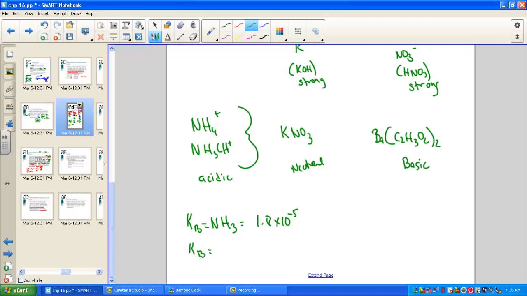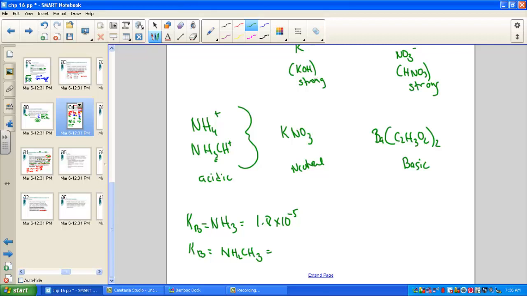What's the Kb for the other ion, methylammonium? You're going to find that listed as methylamine, the parent base, CH3NH2. We just have it written in the opposite order, NH2CH3. This, by the way, has an extra proton, like NH4+. The hydrogen on the nitrogen is the proton that ionizes, so this has an extra hydrogen.